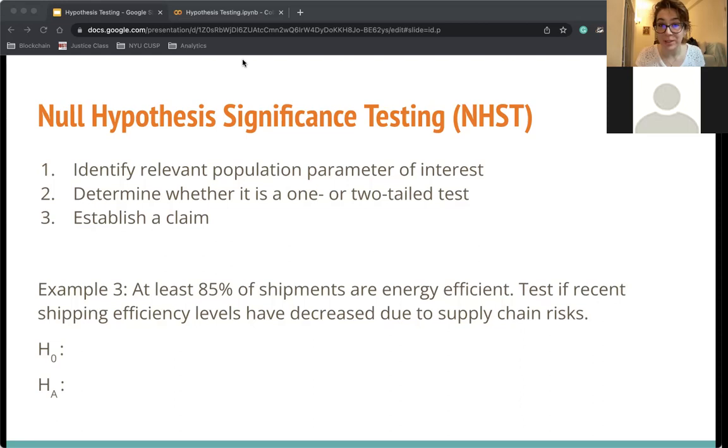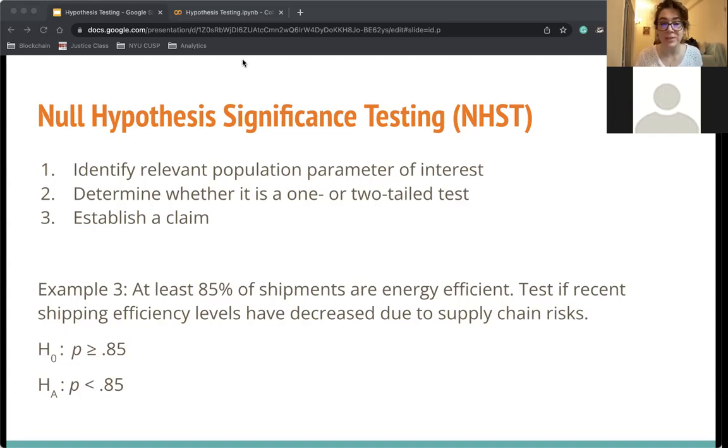So the way we would frame this is essentially saying that there is a decrease in energy efficiency as this alternative one. So this null hypothesis says at least 85% or more are energy efficient, and we want to now test if things have decreased due to supply chain risks, and that would be our alternative.